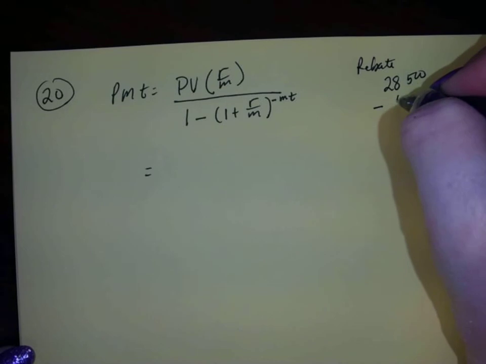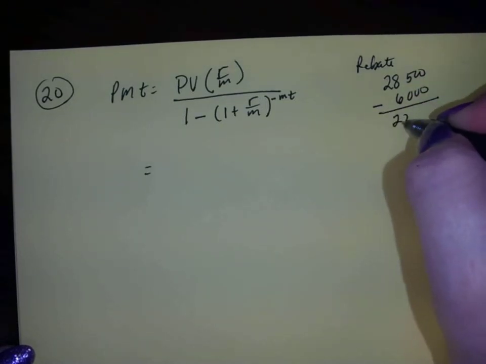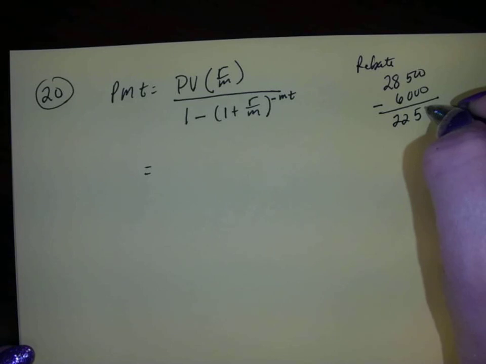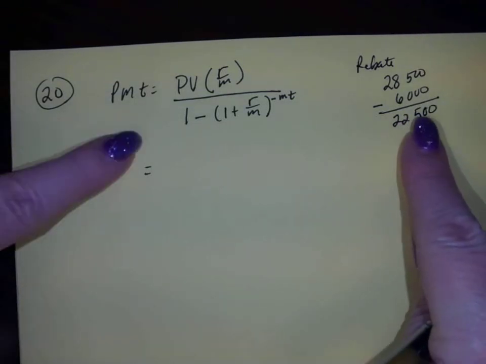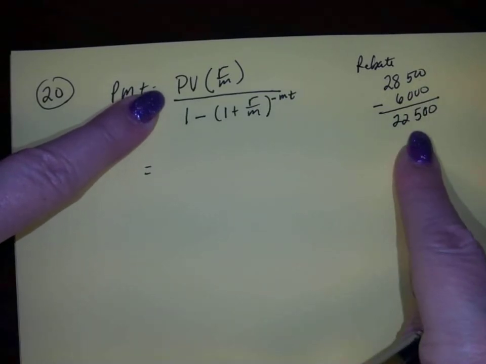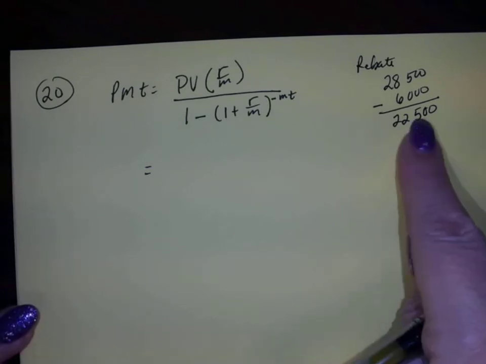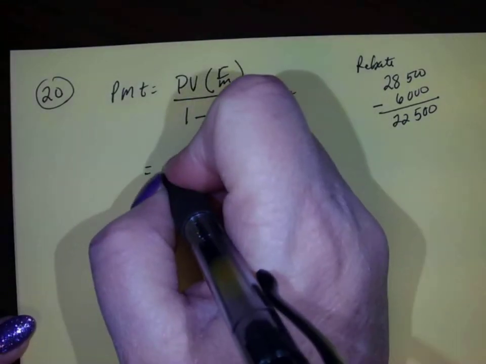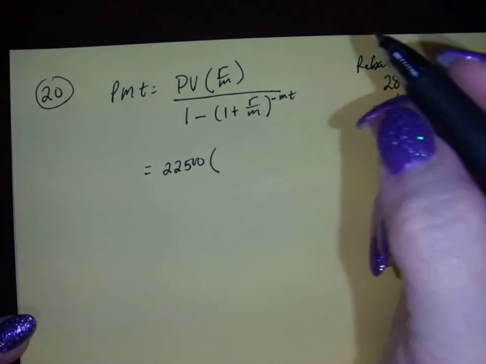And then if we subtract out $6,000, that gets us $22,500 that we are actually looking to borrow. So we're not going to use the $28,500 here. We're going to use $22,500 because they're giving us a rebate, so that'll lower down how much we're actually going to borrow. So $22,500.